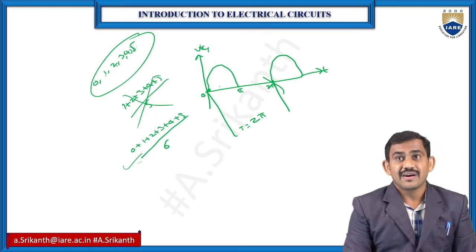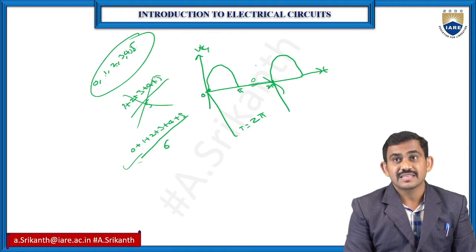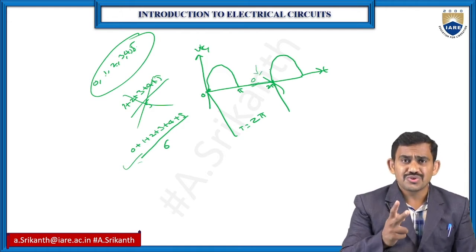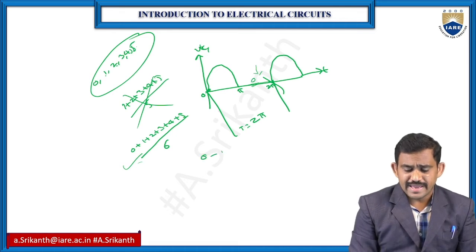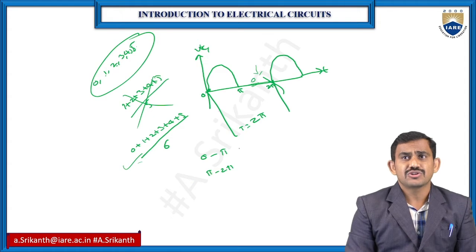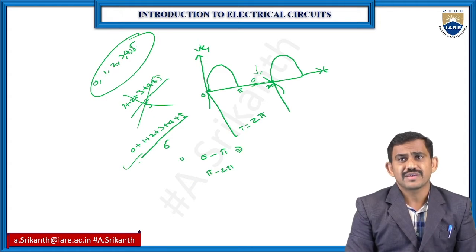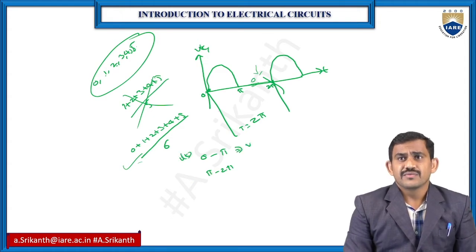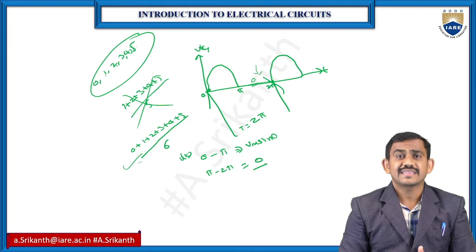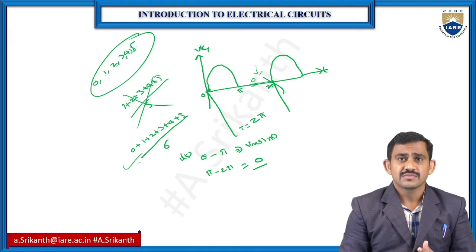Same thing here. Here my peak is 0, so I need to consider this 0 value also. We get two equations: from 0 to pi one equation, and from pi to 2 pi one equation. From 0 to pi, v of t is Vm sine theta. From pi to 2 pi it is 0, there is no value.